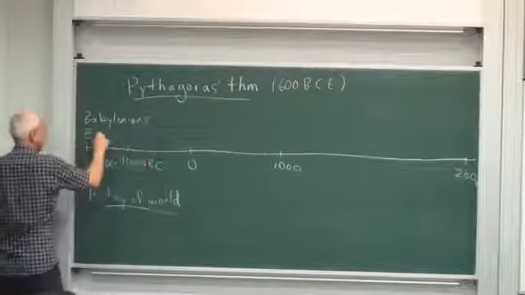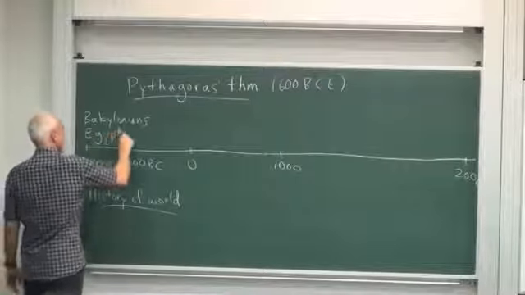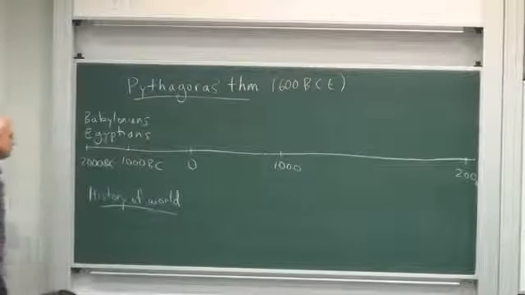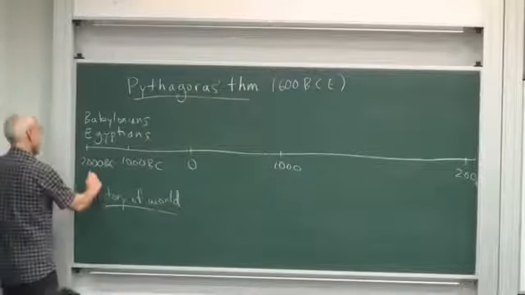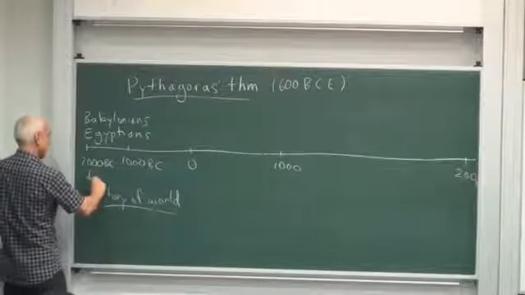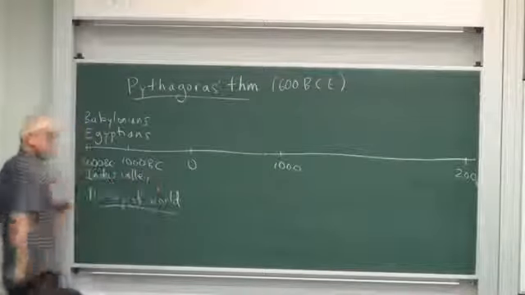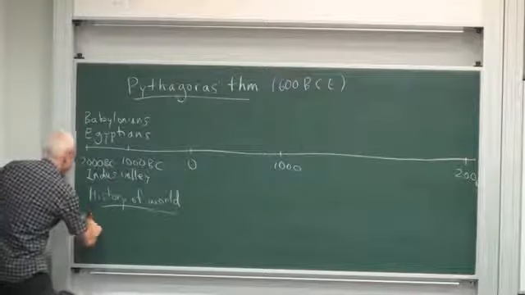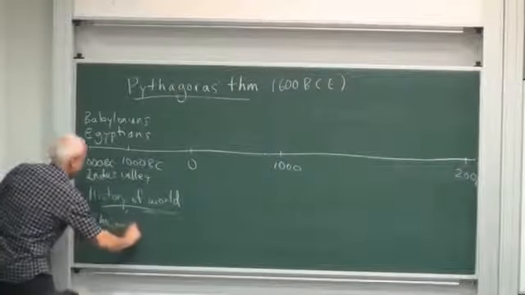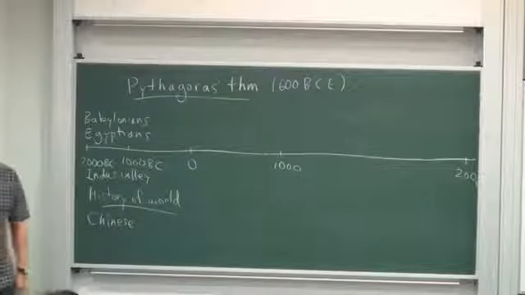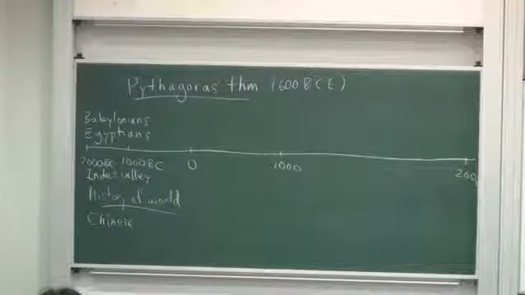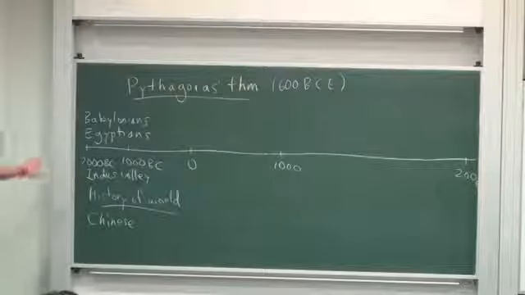And roughly concurrent with them, the Egyptians. And in the east, we had Indus Valley Indians and Chinese early empires also. The Greeks don't really, so this is around 2000 BC.